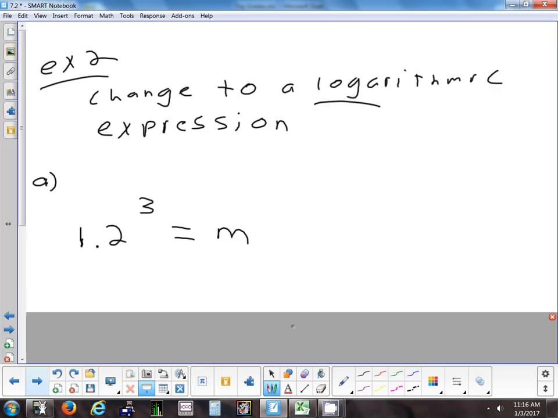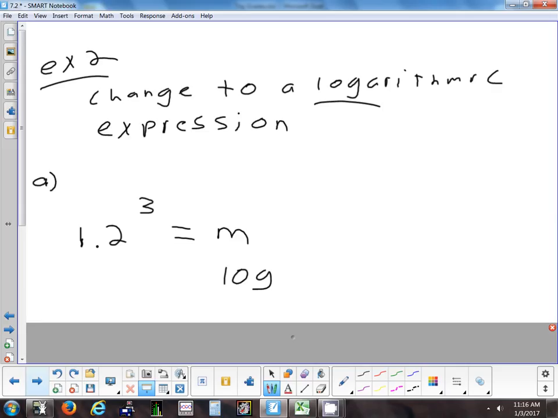Even before that, think of what we're changing it to, a log. So the very first thing you should write down is the word log. And now you have to fill in three boxes. Something here, here, and there.